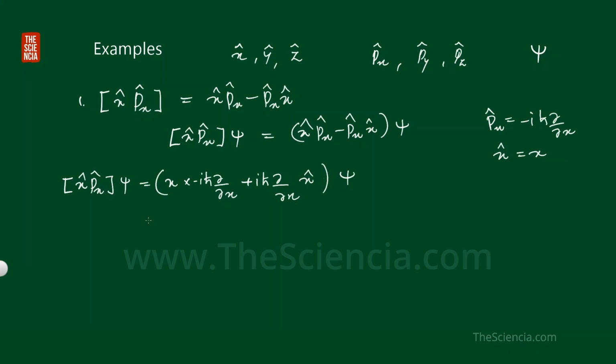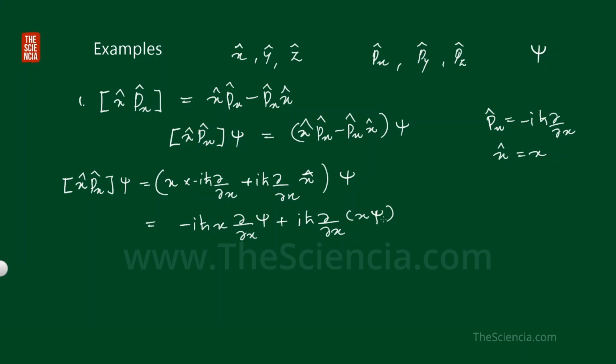Right, so we can expand this: we get minus i h cross x dou by dou x of psi plus i h cross dou by dou x of x psi. Here there is no cap.